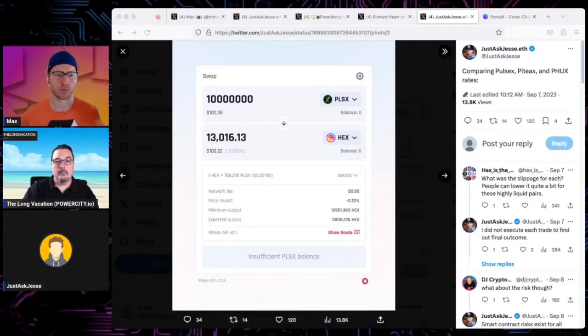That's something that you can't have over on PulseX. You can't have a 3-token pool designed for stable coins, right? So you may find some more liquid over on one, and some over on PulseX.